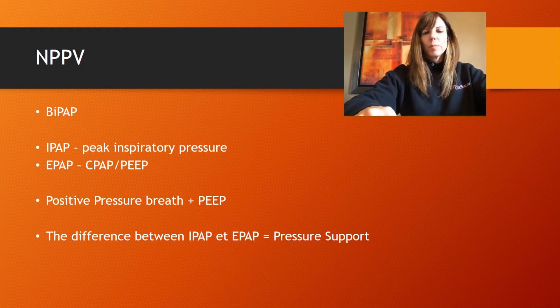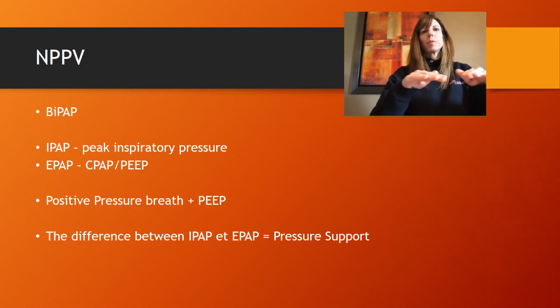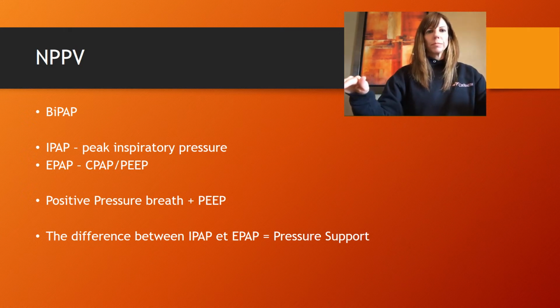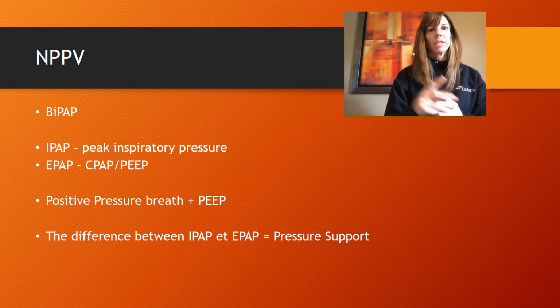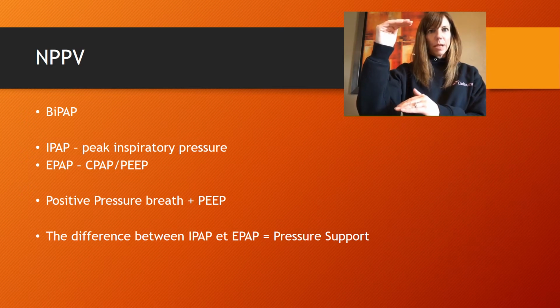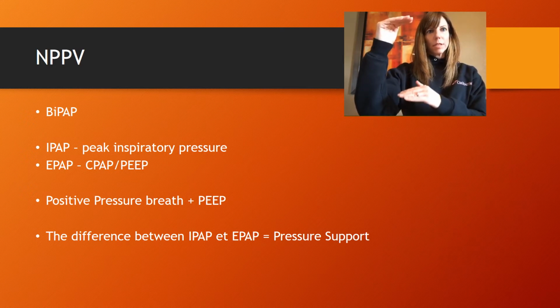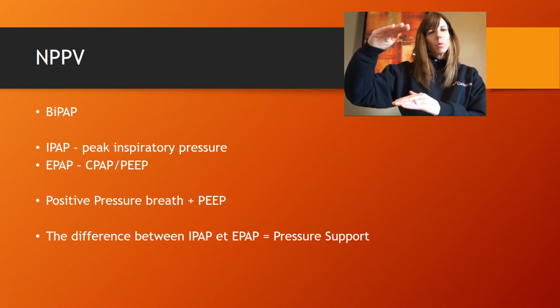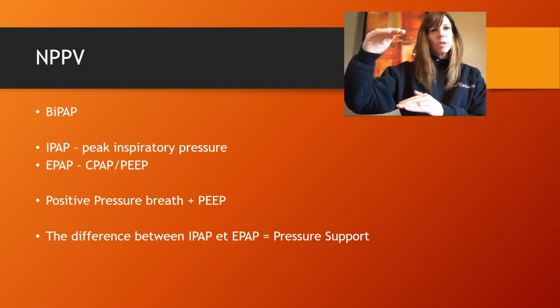All right, so you know CPAP has one continuous positive airway pressure level. Yet BiPAP has two levels, the IPAP and the EPAP. The IPAP again is for CO2, the EPAP is for O2. The difference between this level and this level, this area in between here, we call that pressure support. So basically what you're giving a patient is CPAP.